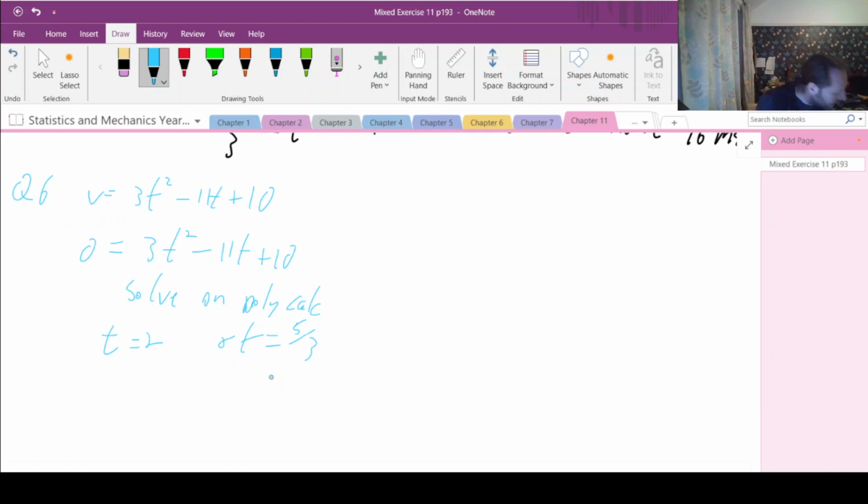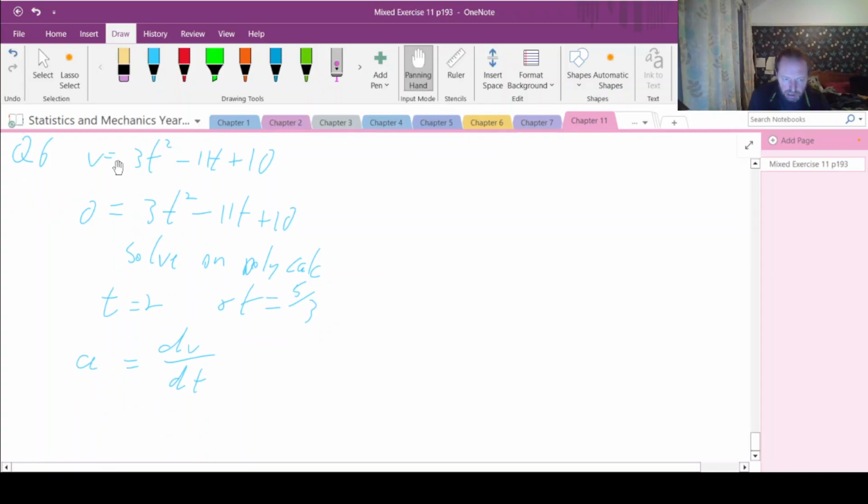Part B. Find the acceleration of the body when t equals 4. All right, so if you've got velocity, we can find acceleration. Acceleration is equal to dv by dt, so basically we need to differentiate the velocity.